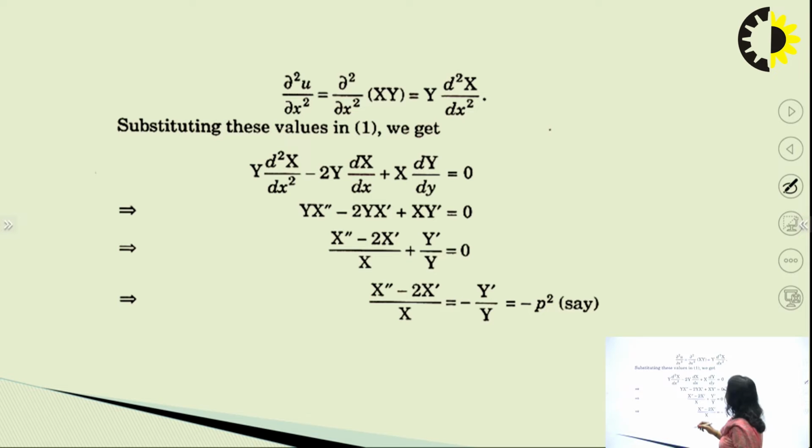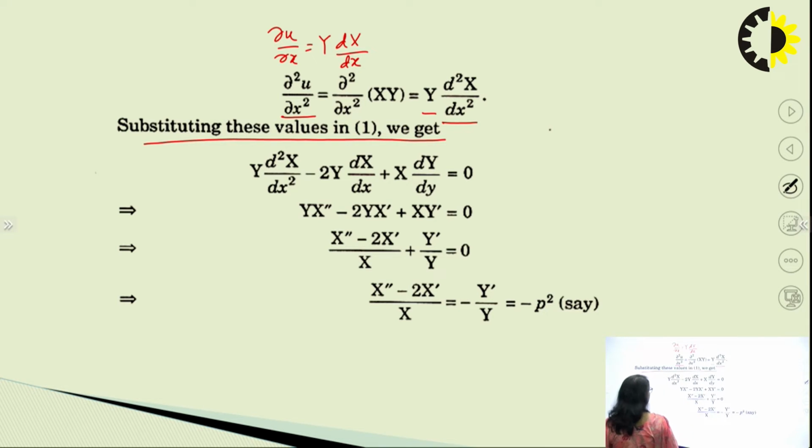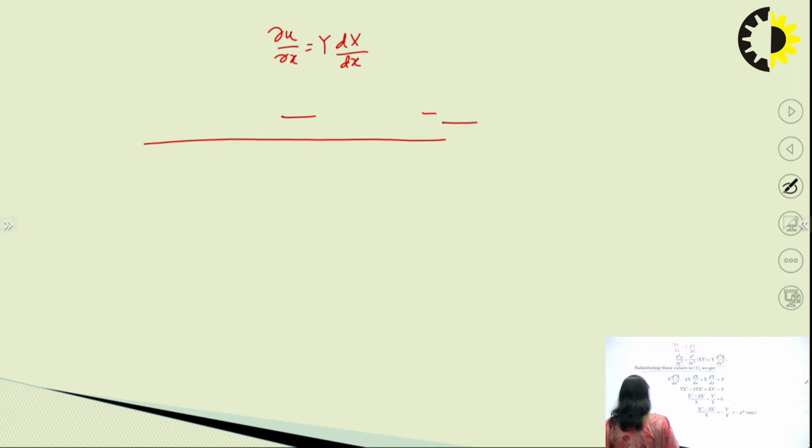So del 2u by del x square, if I take the derivative of del u by del x, which was Y dX by dx, I will be getting del 2u by del x square as Y d2X by dx square, because Y will remain constant. Hence, substituting all these values in the given equation, that is equation number 1. Let me show you.